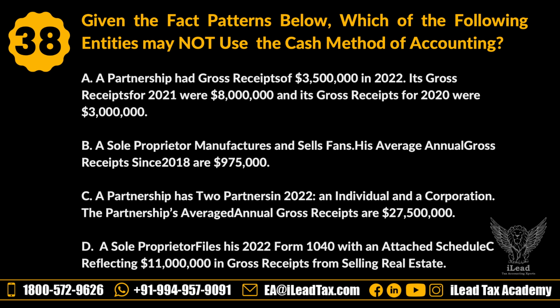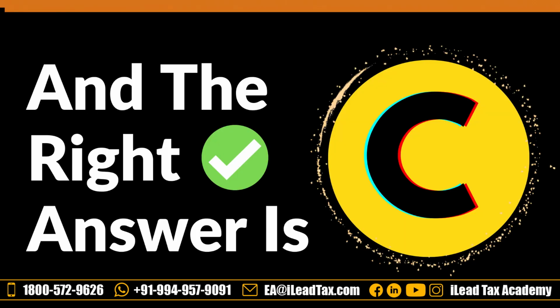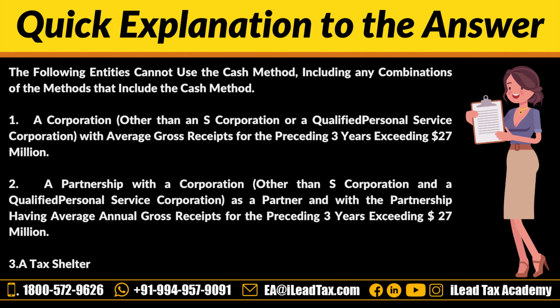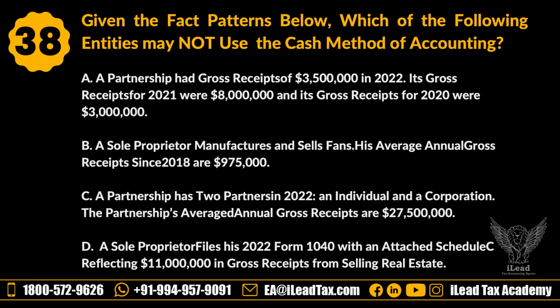Option D is wrong because it is 1,100,000. It is not 1 billion. So option C is the right answer since it is crossing 27.5 million, 27 million. Option D, it is not 1 billion. It is 1,100,000 or 1.1 million.